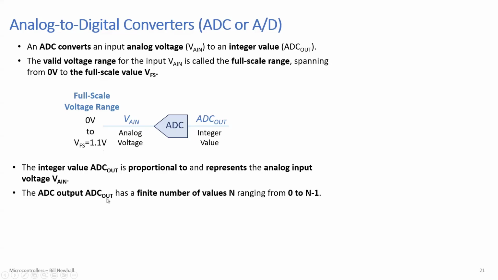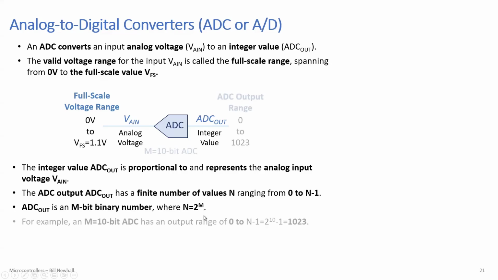So the ADC output, that integer value, has a finite number of values ranging from 0 to n-1. That gives you n values. And its ADC out is usually represented as an m-bit binary number, where n is 2 to the power of m.